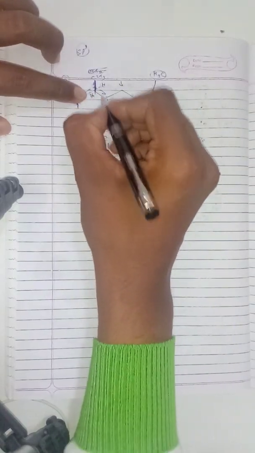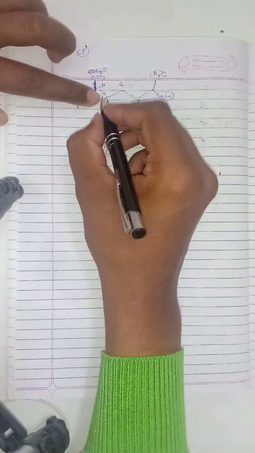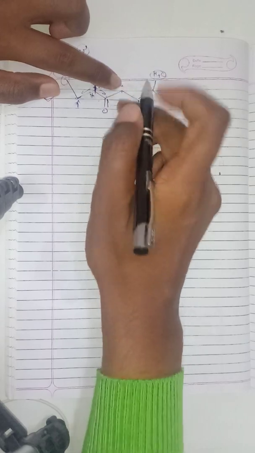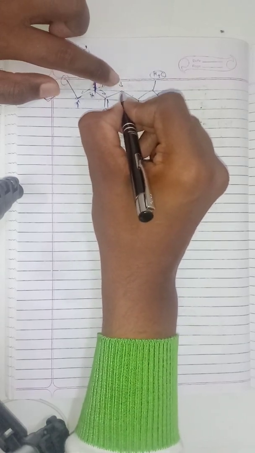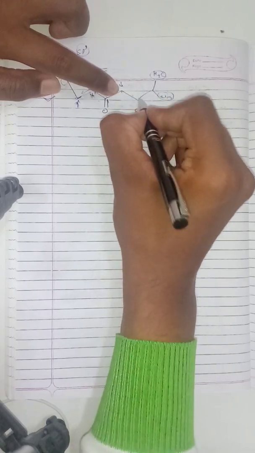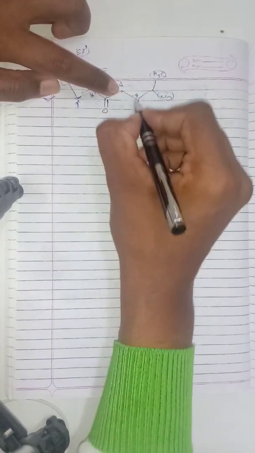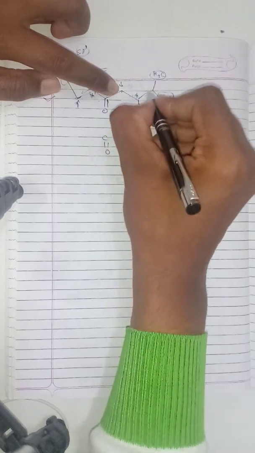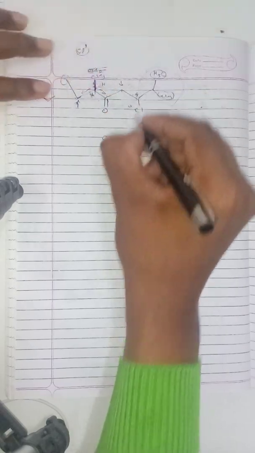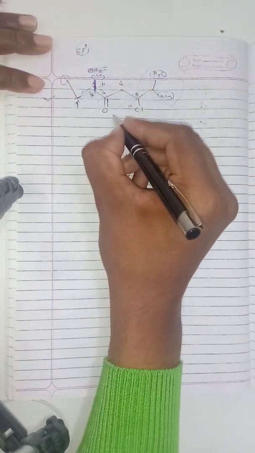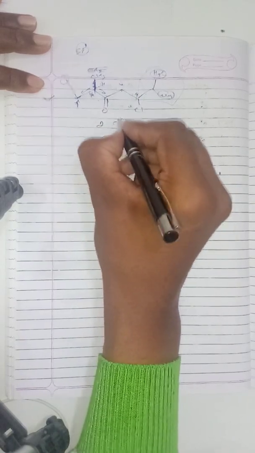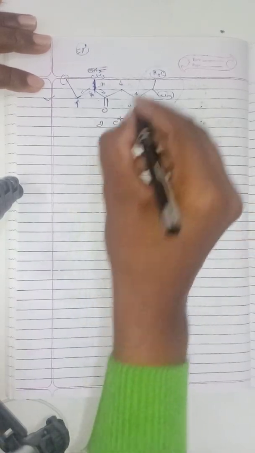This is not a chiral carbon because it is an sp2 hybridized carbon. This carbon is not chiral because it has two hydrogen atoms. Let's check another. Here this is a chiral carbon because the three linkages differ and one hydrogen is here, so it is said to be a chiral carbon. So this molecule has two chiral carbon atoms.